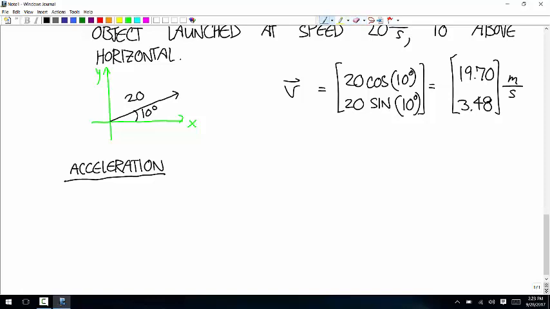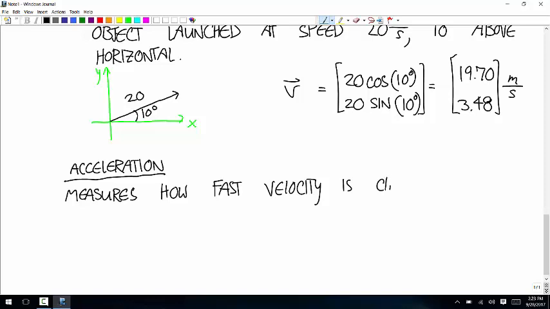And then acceleration measures how fast the velocity is changing. And there are two ways this can happen. One is speeding up or slowing down.